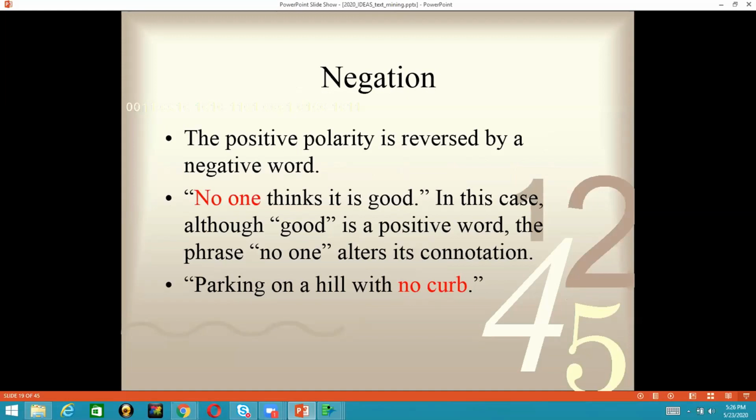Or "parking on a hill with no curve." When you remove the "no," then it's parking on a hill with a curve. The system will totally misinterpret this sentence.